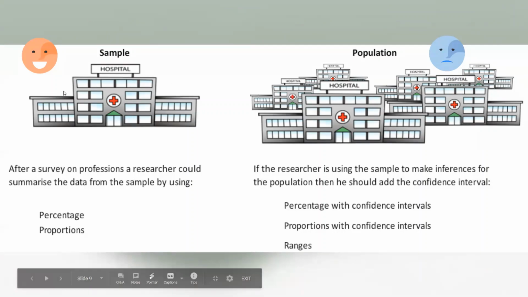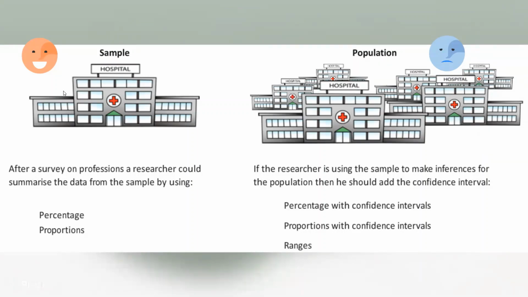In the left case, it's quite easy. I have the whole population that I'm reporting. I have 100 patients and 30 of them were wearing masks. In the other case, I took a sample of 3 hospitals out of 30 hospitals.